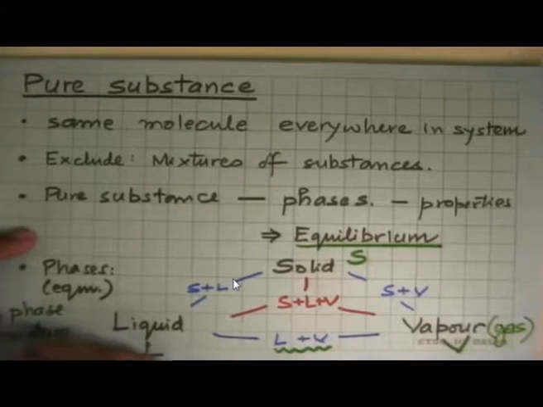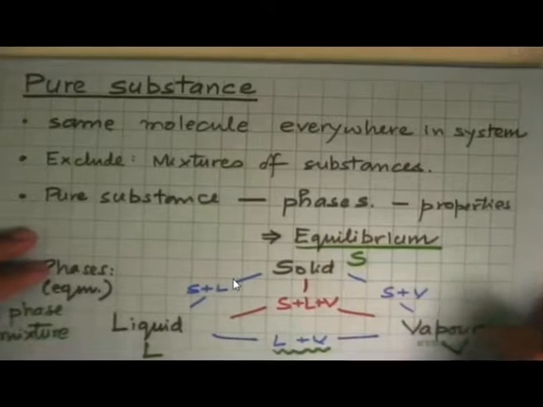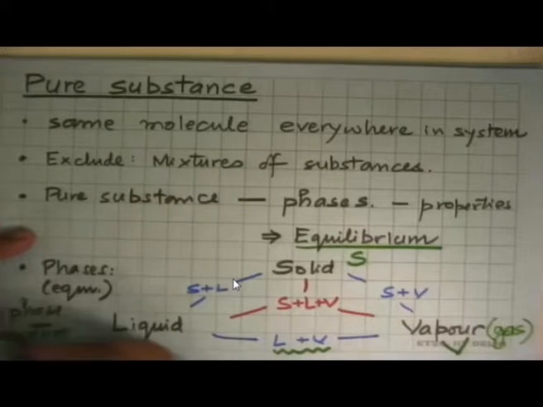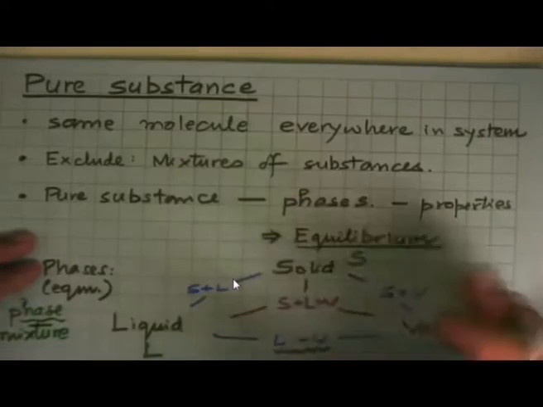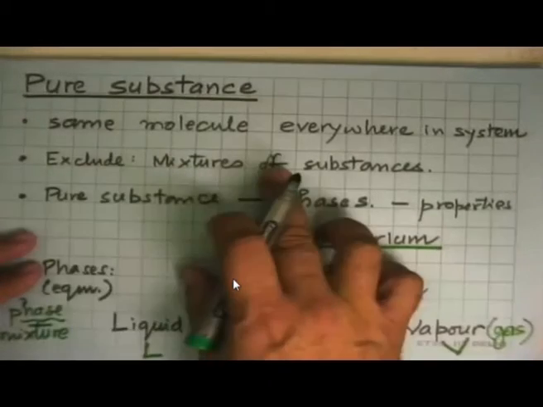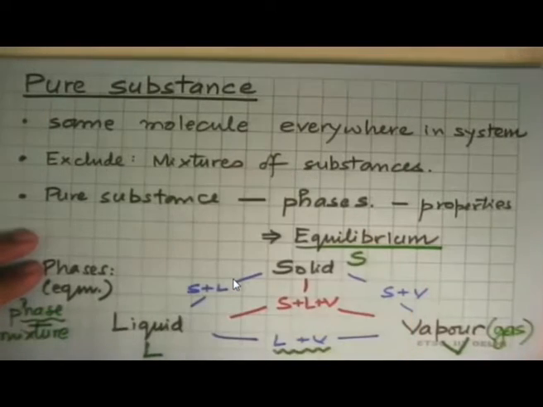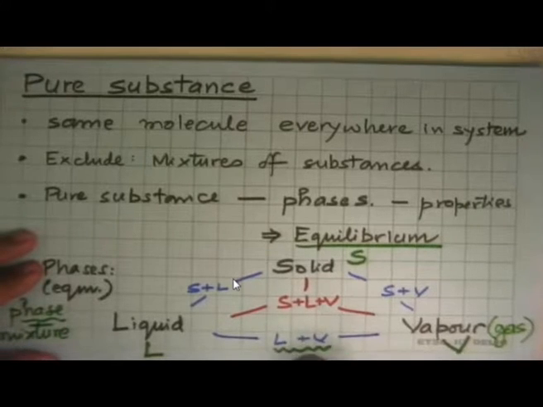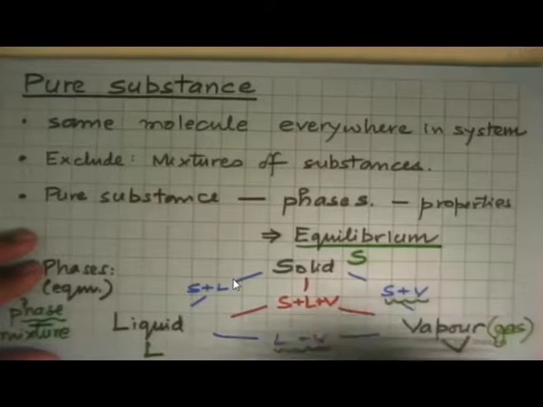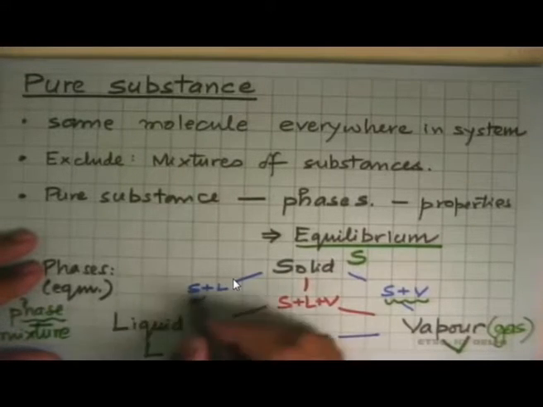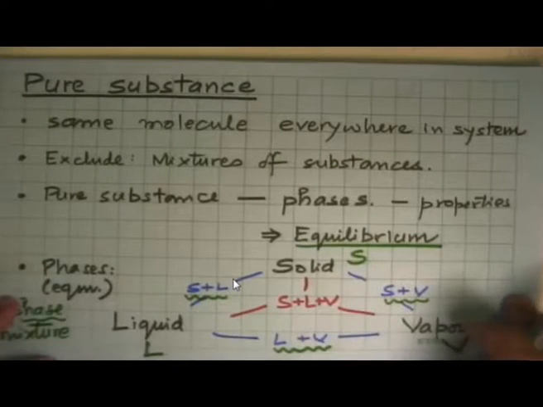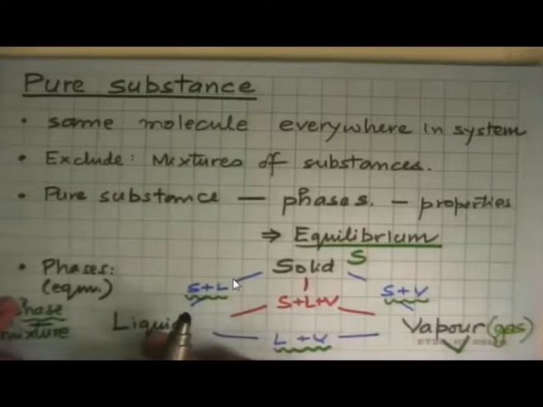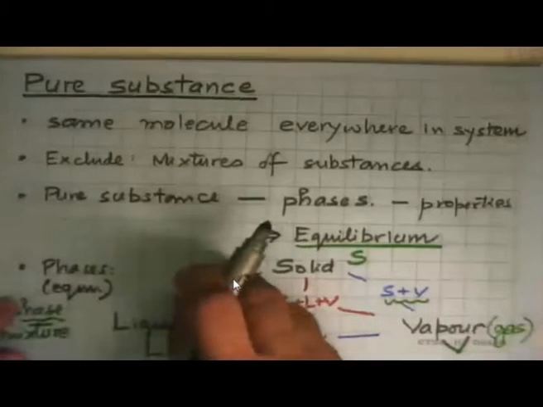When we talk of mixture here in classical thermodynamics, we will mean a mixture of two phases. Later on, in the more advanced courses, we'll look at mixtures of pure substances. So we have liquid plus vapor mixtures possible, solid plus vapor mixtures are possible, and solid plus liquid mixtures are possible, all individually in equilibrium.